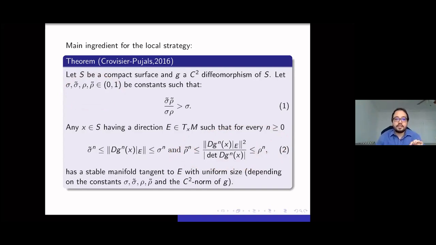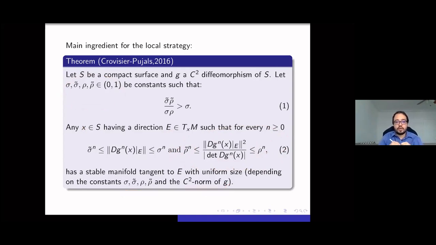So if you have this, the theorem states that there is a stable manifold at this point tangent to this direction, and the size only depends on the constants and the C2 norm of your diffeo.